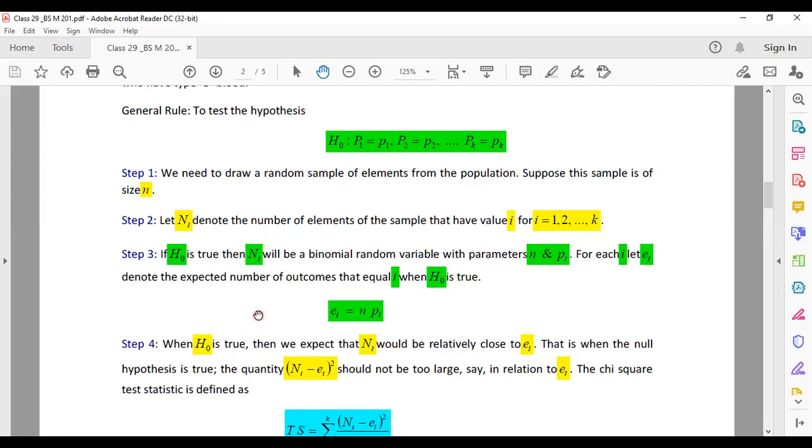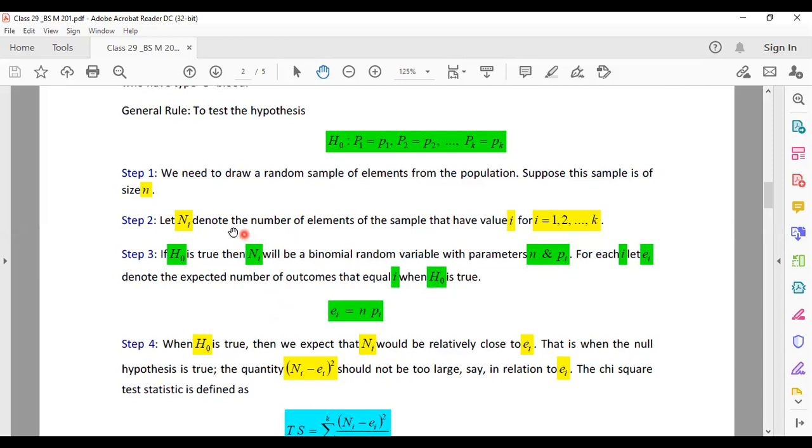Suppose you have collected 20 cancer patients. Out of these cancer patients, some have throat cancer, some have lung cancer, some have colon cancer, and suppose 3 or 4 people have stomach cancer. So that 3 or 4 is your capital Ni.